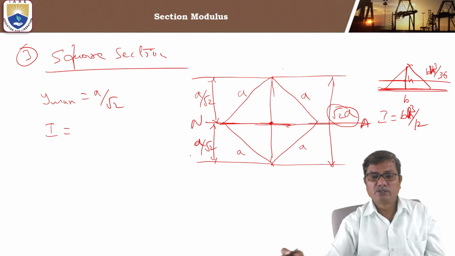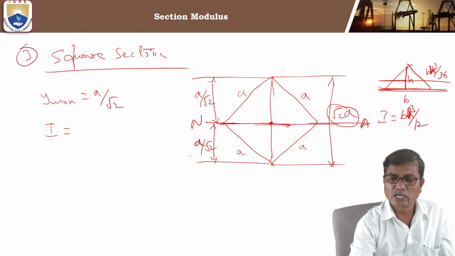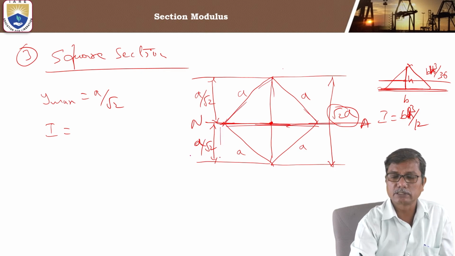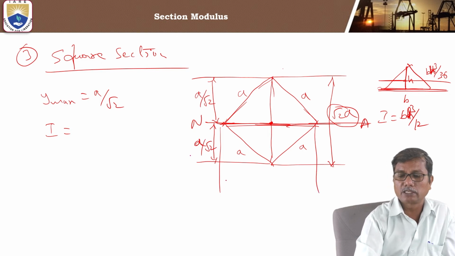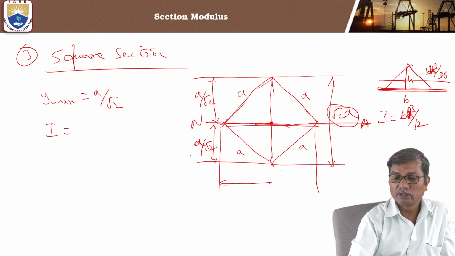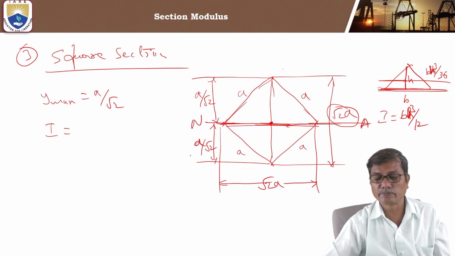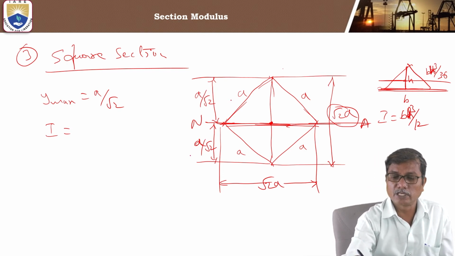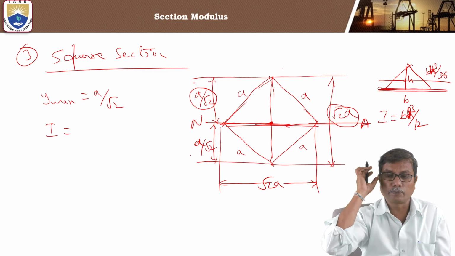So in this square we have two triangles. One is above the neutral axis. What is the base of this triangle? Nothing but the diagonal length. The base is the diagonal, and the height is a by root 2.